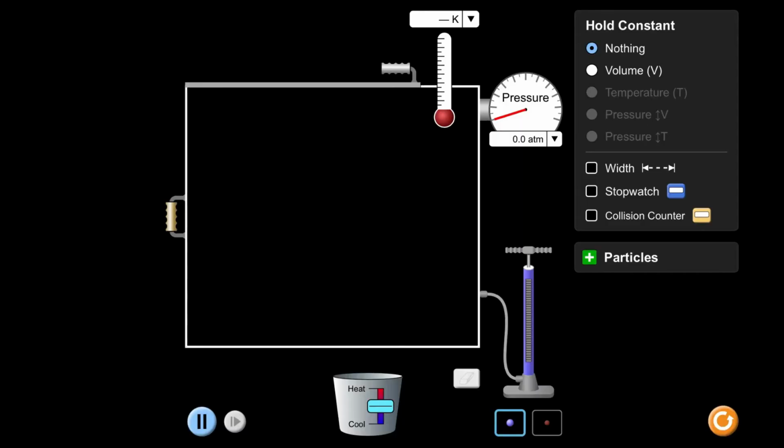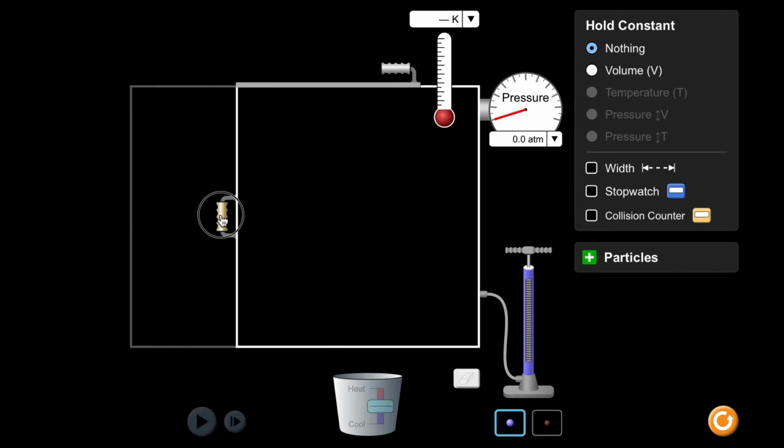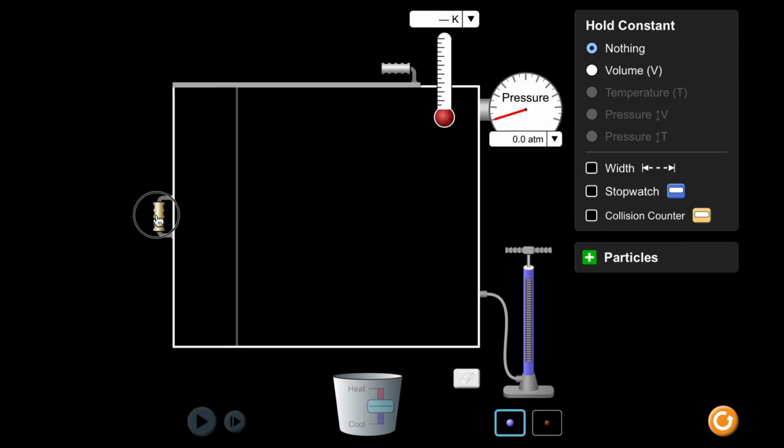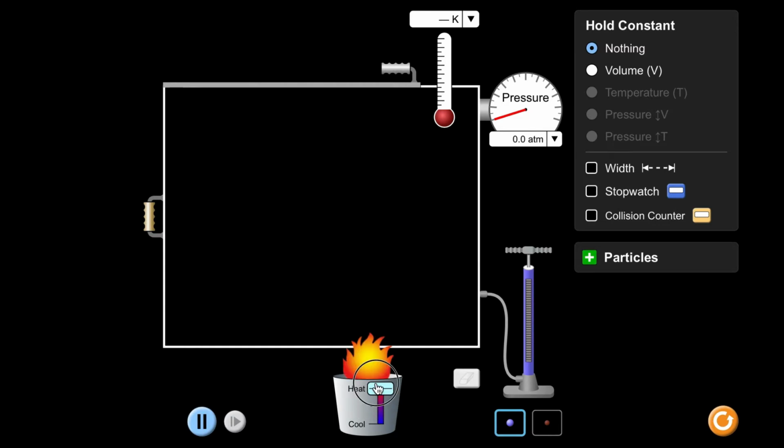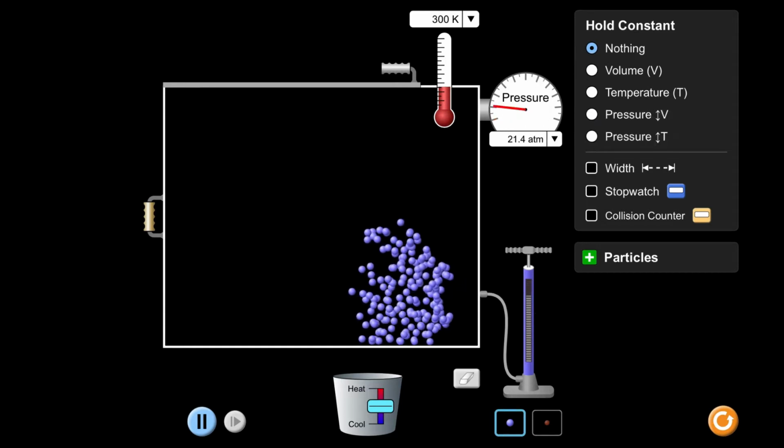Let's have a look once more at our simulation of the model of an ideal gas. What we've got over here is our system, where we can increase the walls and the volume or decrease the volume. And we can heat our system up and cool it down. But as you can see, nothing of this changes the pressure of the system, for at the moment there are no particles on the inside of the system. So we pump in some particles here, as we've seen a lot.